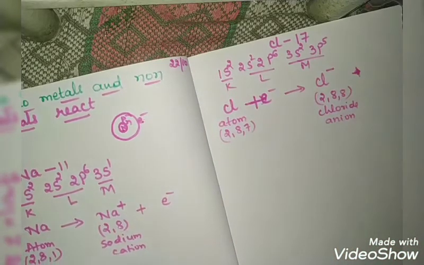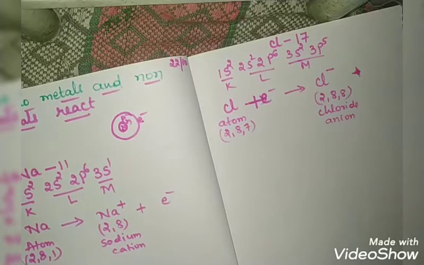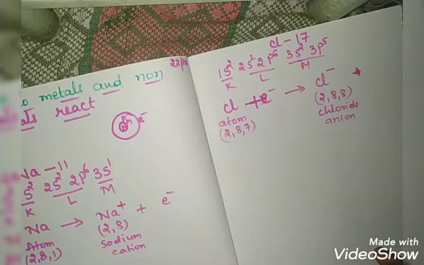Attraction between them exists and they form sodium chloride. It should be noted that sodium chloride does not exist as molecules but as aggregates of oppositely charged ions.